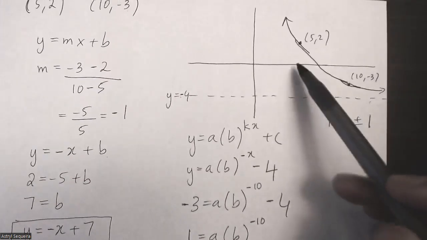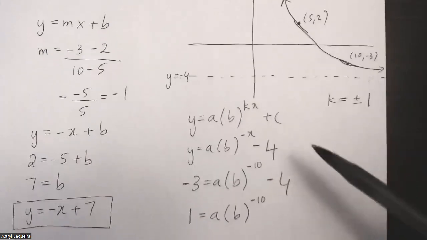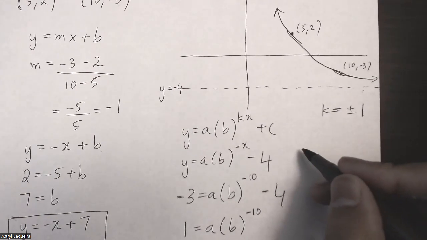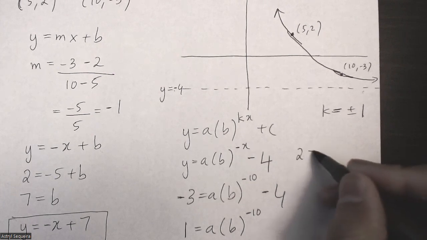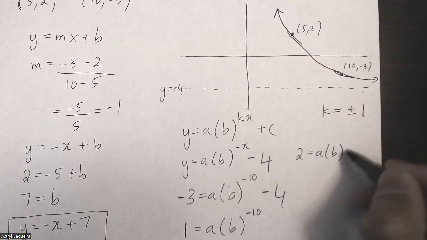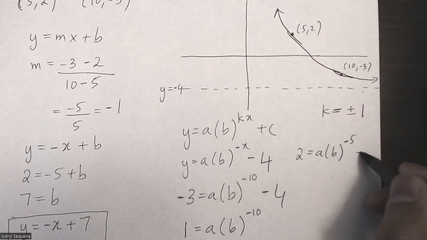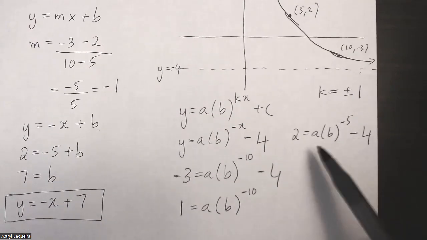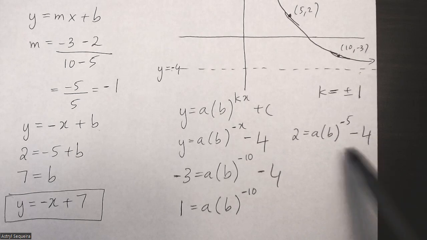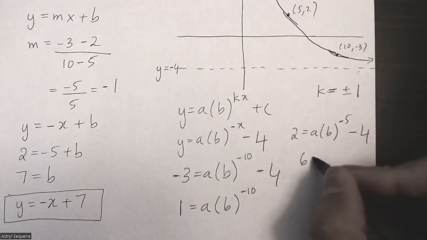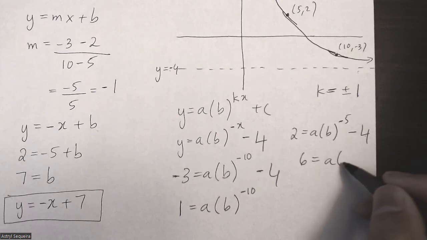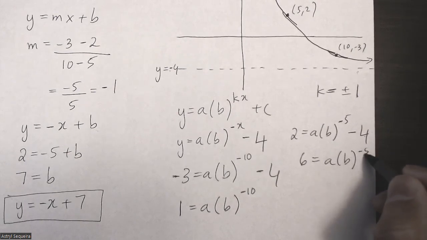So I have to just sub in my second point into this equation here. So 2 equals a b to the power of -5 minus 4. And then I'll just add the 4 on this side. So 6 equals a b to the power of -5.